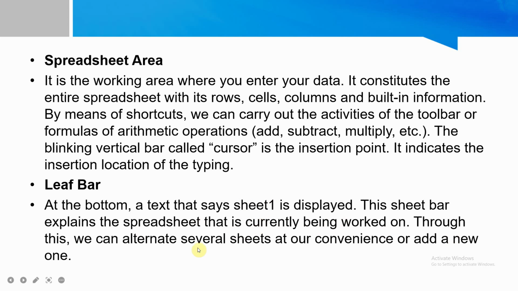Through this, we can alternate between several sheets at our convenience or add a new one. There is a plus button at the end. If you click on it, it will open a new spreadsheet.